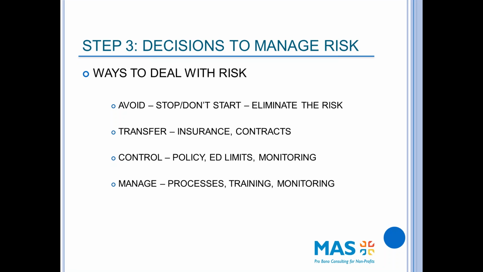Often I write a policy that says, okay, I'm going to take this risk, but this policy says this is the extent of the risk we will take. This is how we will do it, so that I control the amount of risk that I'm taking. An example of that would be setting limits on the executive director and what decisions the executive director can make. It's a way of setting limits and controlling that risk.